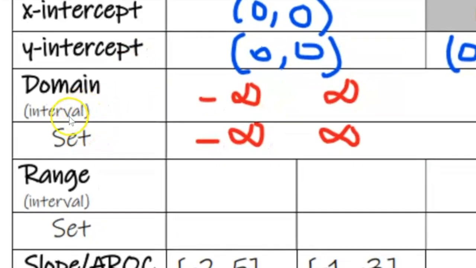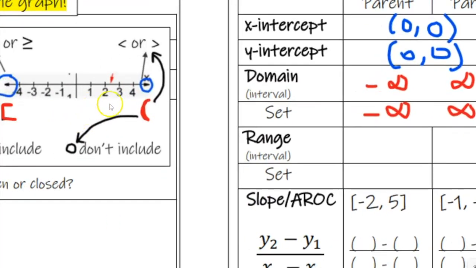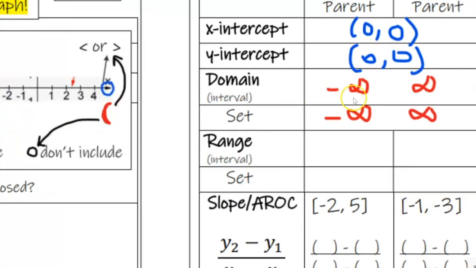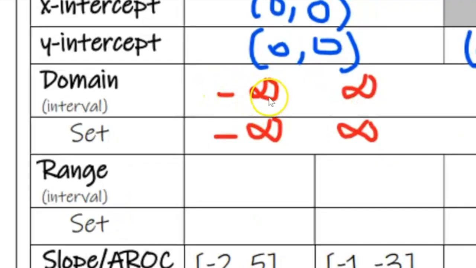So there are two different types of notations that we're going to take a look at. You're going to choose the one that you're most comfortable with, but you do need to be able to recognize both. So interval notation is going to be what we just talked about in terms of parentheses and bracket. Now, do I include negative infinity? In other words, is there a point on negative infinity? No, and that's because negative infinity or infinity are not actually numbers.